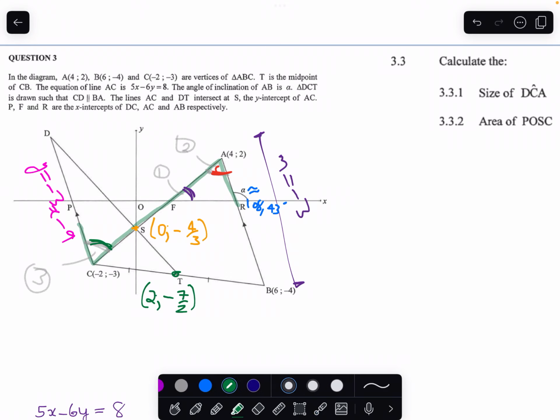So to work out the area of this triangle, what would I need? We have the equation of this line, so I can find the x-intercept. We don't have the equation of this line. Oh, we do over here.